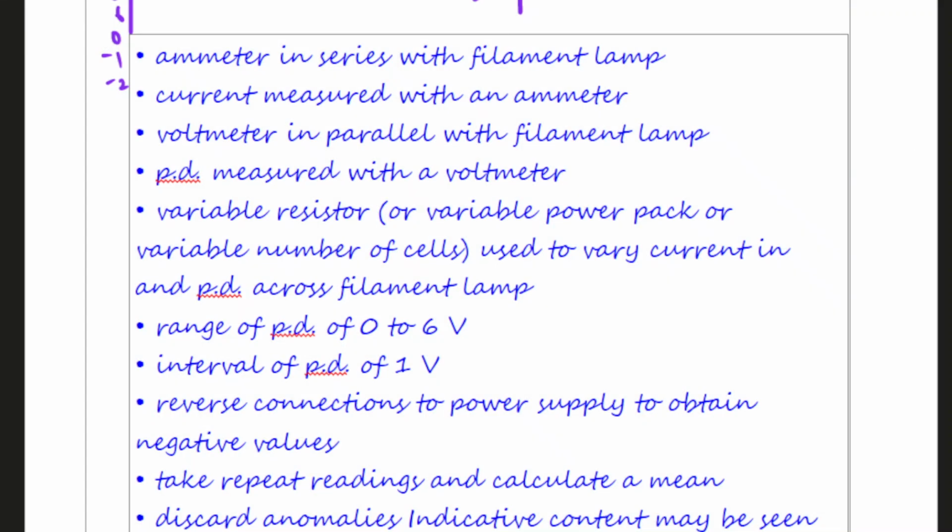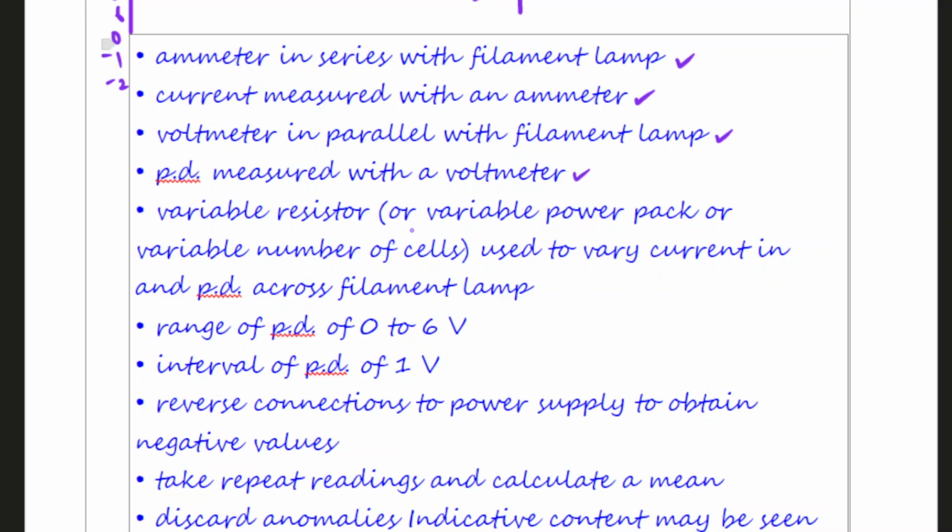Right. In the marking scheme, they're looking for evidence of an ammeter connected in series with the filament lamp. Yes, we have. And we need to indicate that the current is measured with an ammeter. The voltmeter should be parallel with the filament lamp, and the potential difference is measured with the voltmeter.